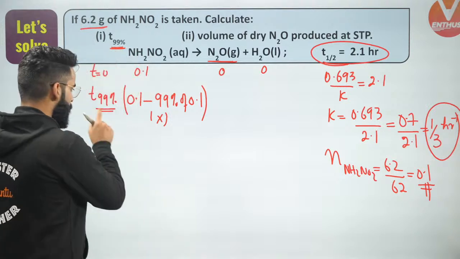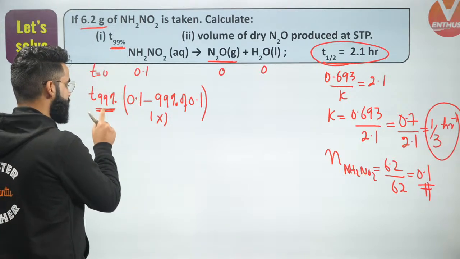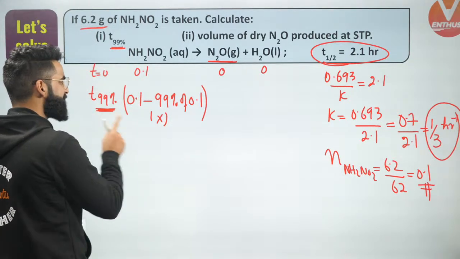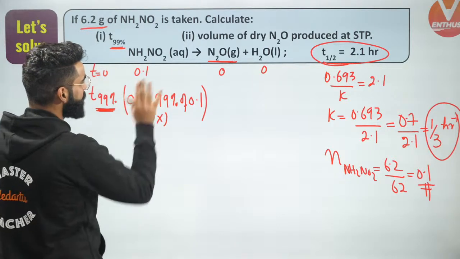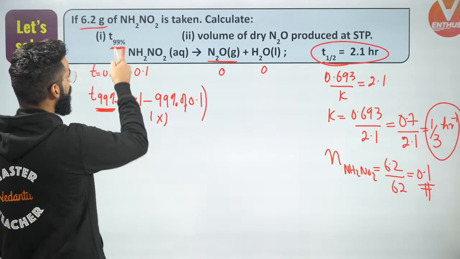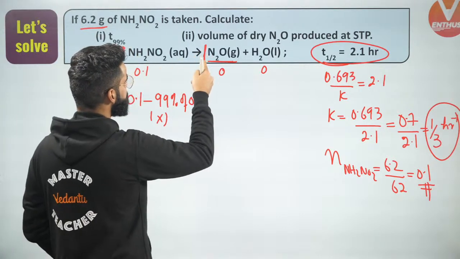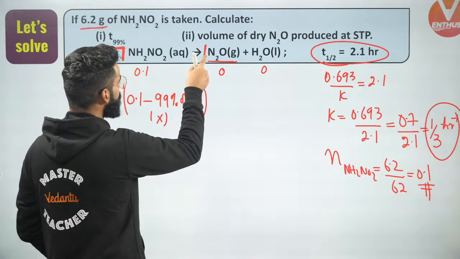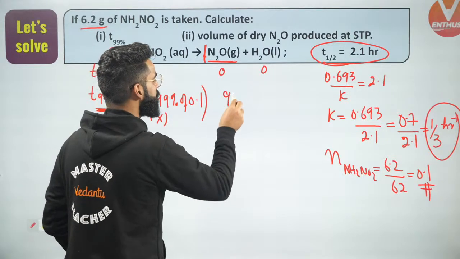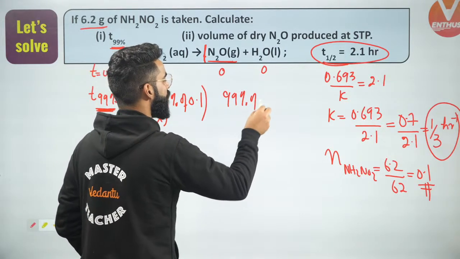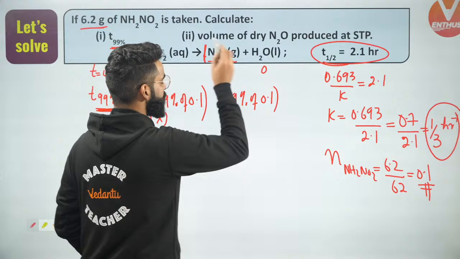When 99% of the reaction gets completed, that means 99% of the reactant is converted into products. Now we will use the stoichiometry. 1 mole of reactant gives 1 mole of this product, so 99% of 0.1 will give 99% of 0.1 moles of N2O.